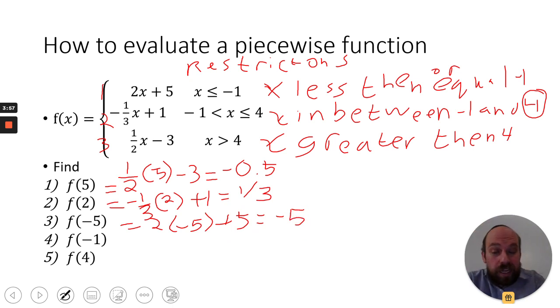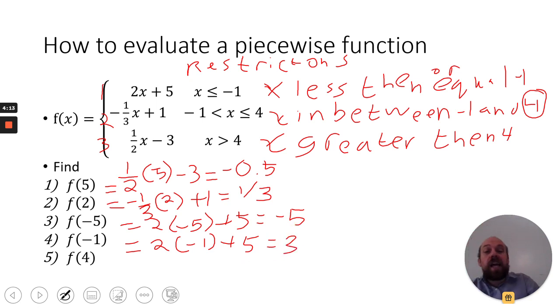Now, negative 1 works in the first rule, because the first rule is when x is less than or equal to negative 1. So you do 2 times negative 1 plus 5, which would be 3. And last but not least, we want to find what the value is at 4. Well, 4 is in between negative 1 and 4, and we use the second rule when it's also equal to 4.